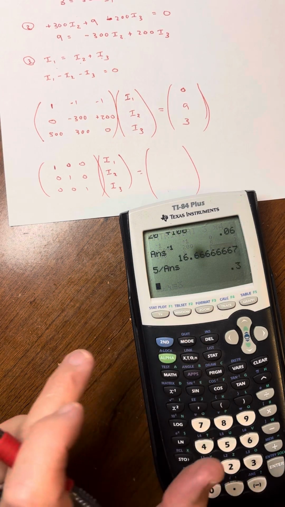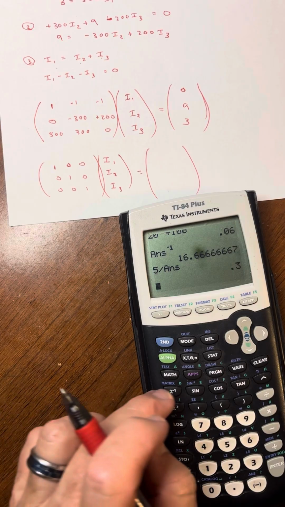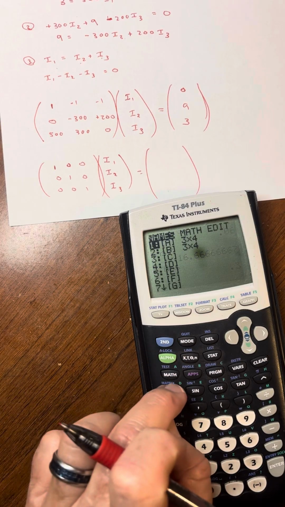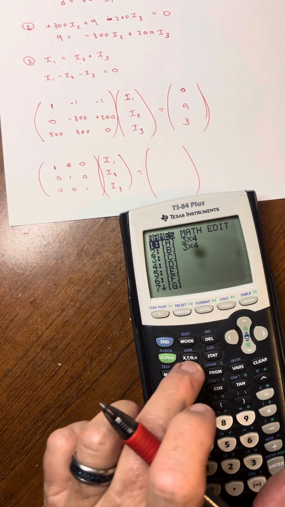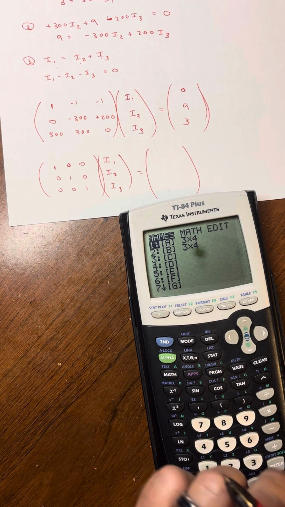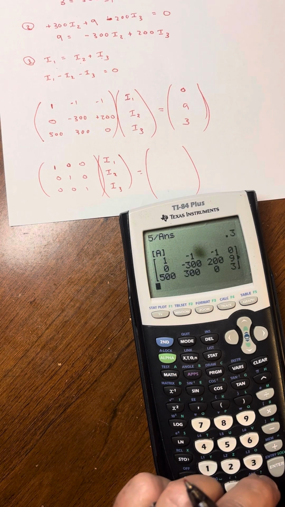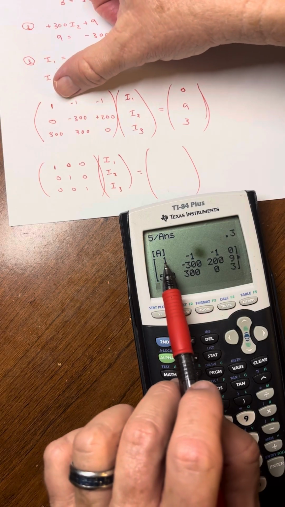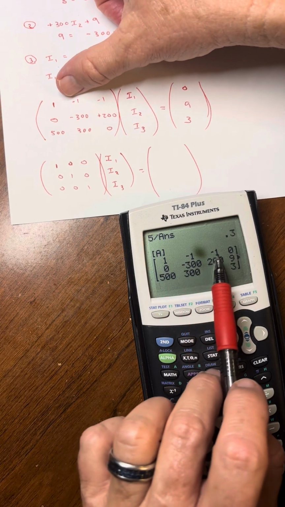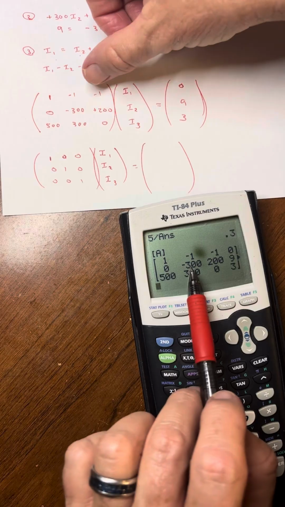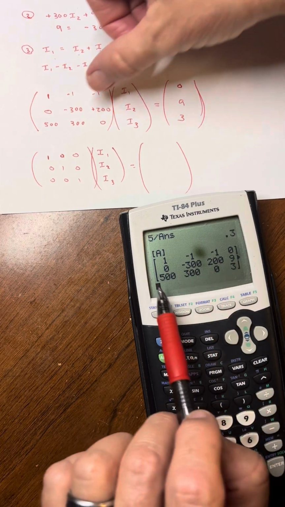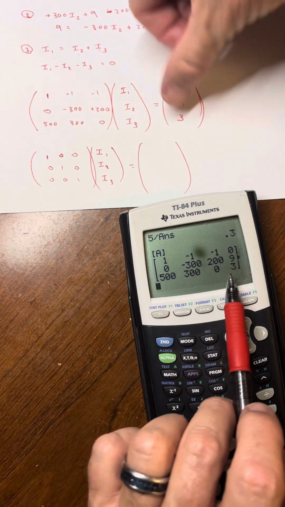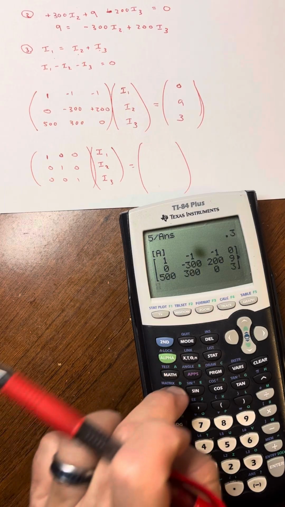And now I can go quit. I do like to sometimes just look to make sure I typed it in right. 1, negative 1, negative 1, 0, 0, negative 300, 200, 9, 5, 3, 0, 3. Okay, good. So that's my matrix A.